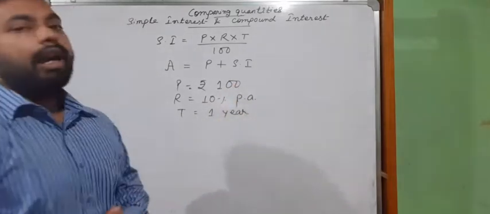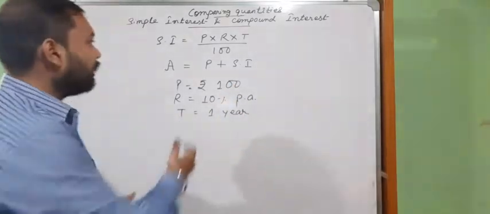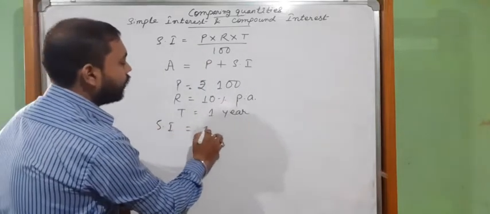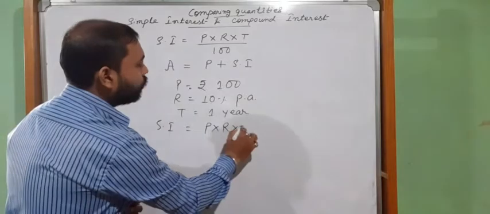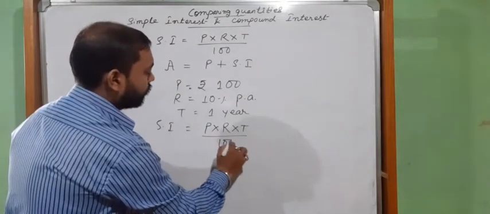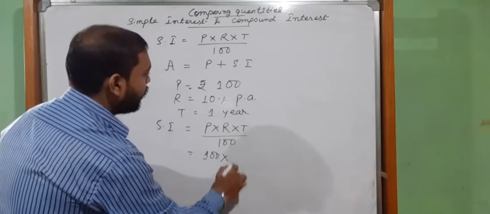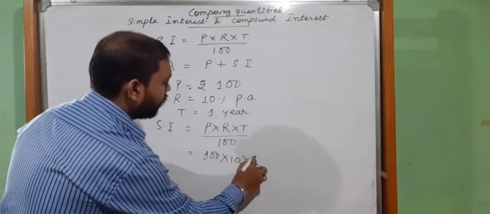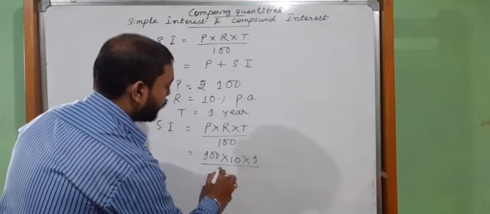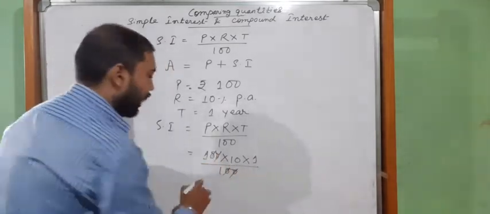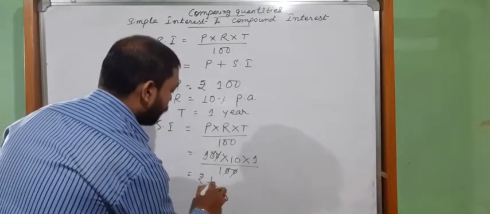So what will be our simple interest? We can calculate it using this formula: SI equal to P into R into T by 100. The principal is rupees 100, into rate 10, time 1, divided by 100. These two zeros get reduced and the SI is rupees 10.